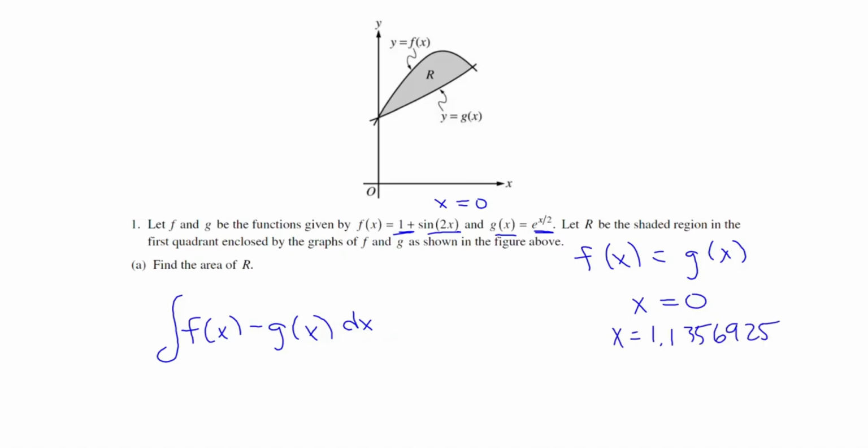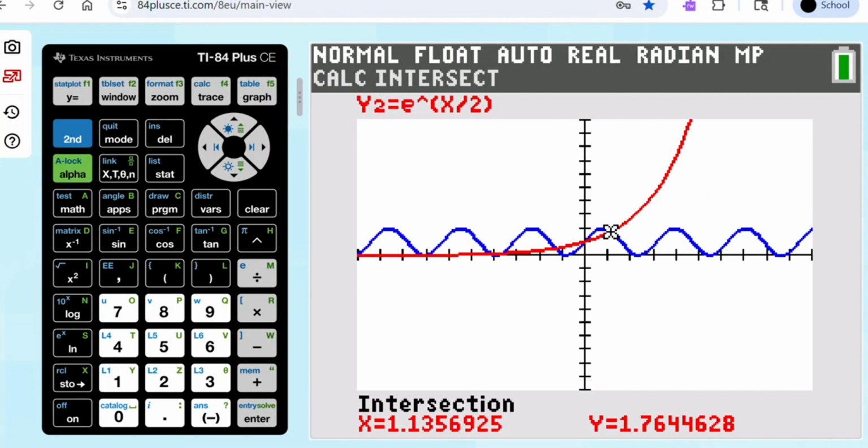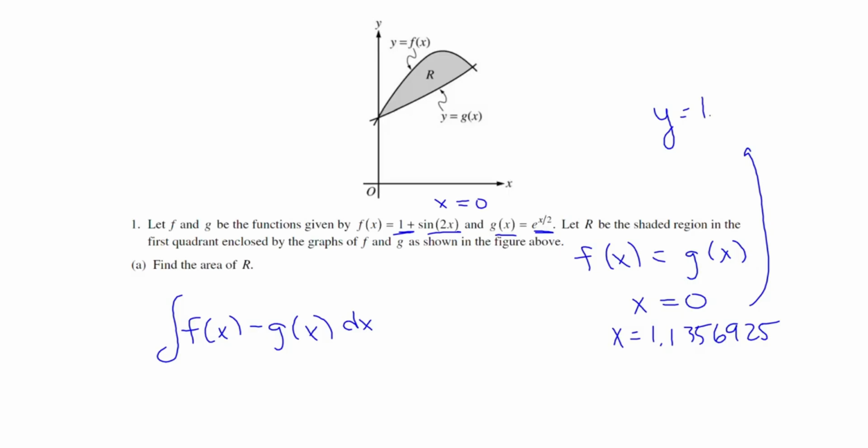And just in case we need it, I like to always note the y value here for that. Right, the y value there is 1.7644628. So we'll note that down too, just in case we need that later on.